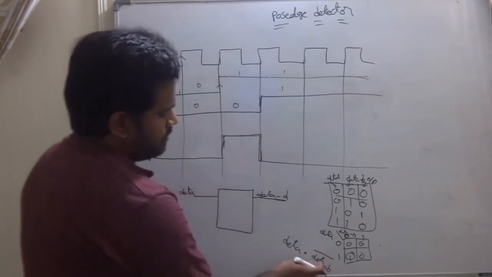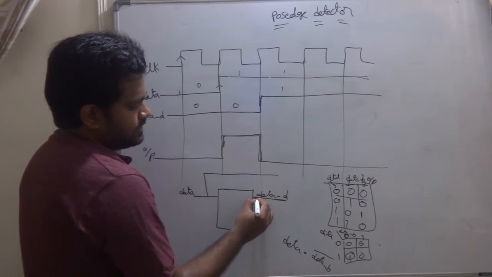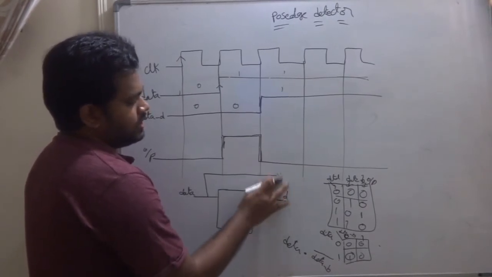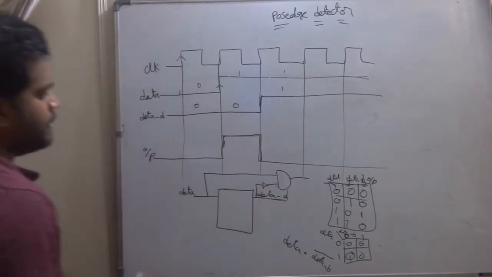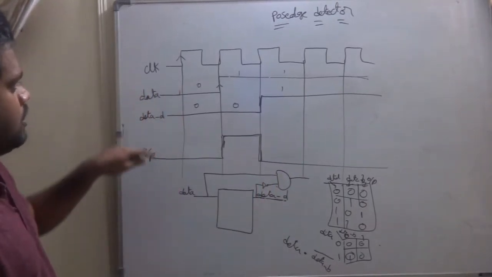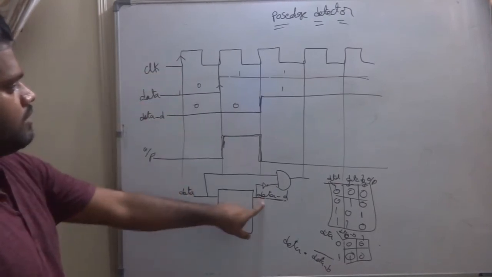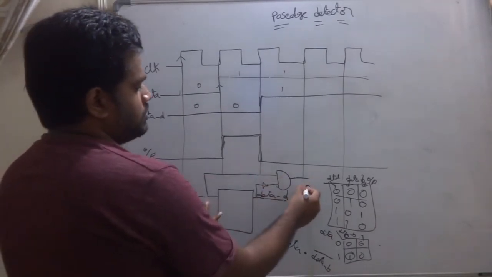This is the equation. What am I giving here? Data, and this is inverted; I give it to the AND gate. Now check it. See here, for this edge, what data is there? Data bar, what is there? 0, 0 is there. One input of the AND gate is 0, so the output is 0.